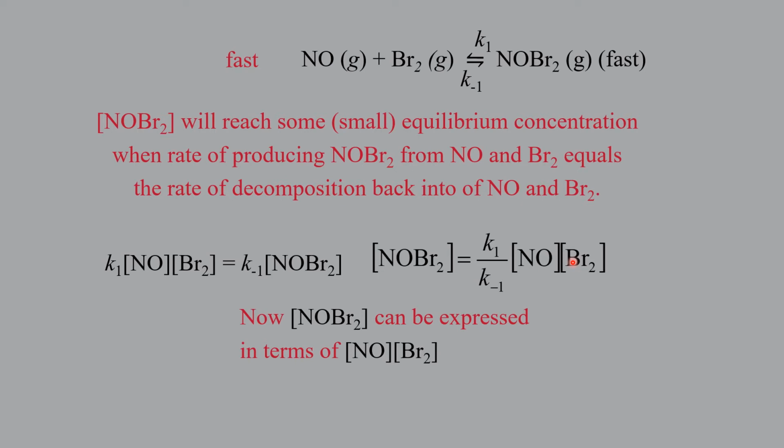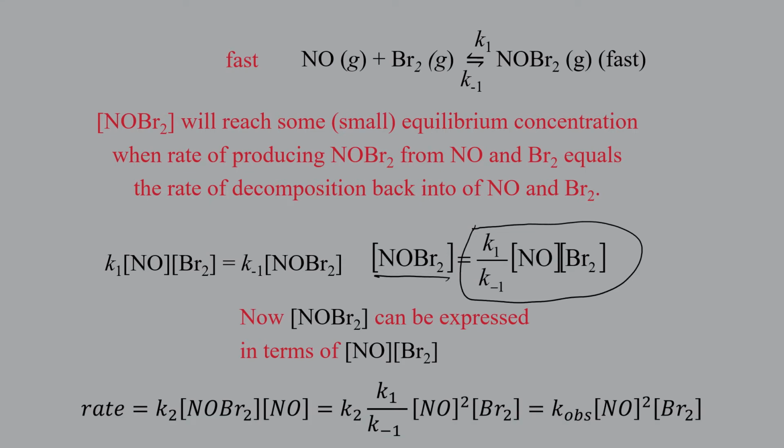So now we've got the concentration of NOBr2 expressed in terms of actual products or reactants. And then all you need to do is substitute this expression into wherever you saw the NOBr2 concentration expression in your proposed overall reaction rate, and what you want to do right here.